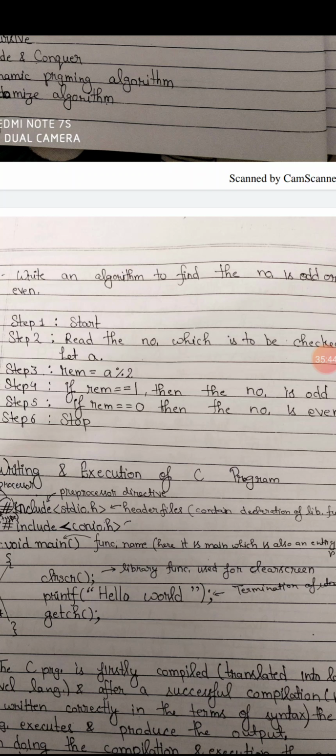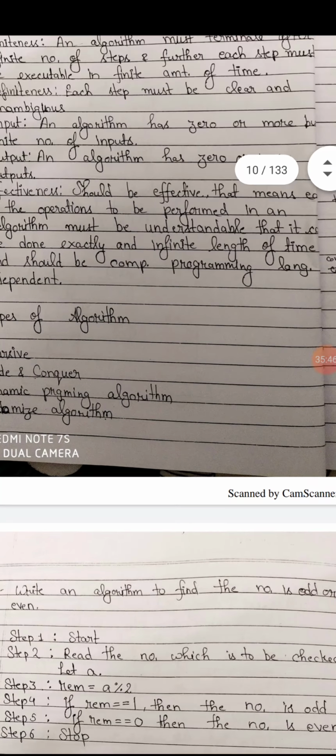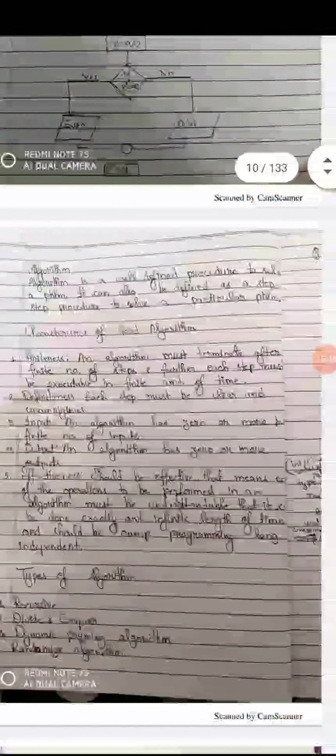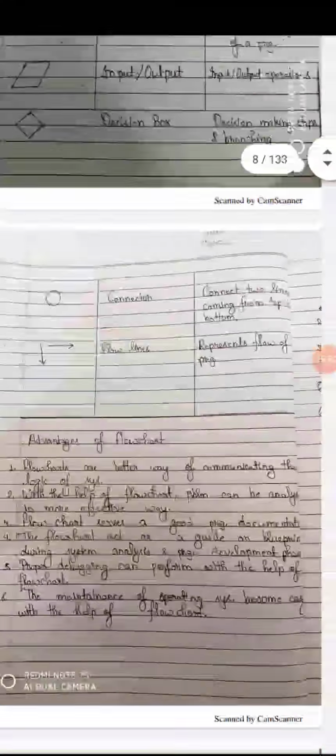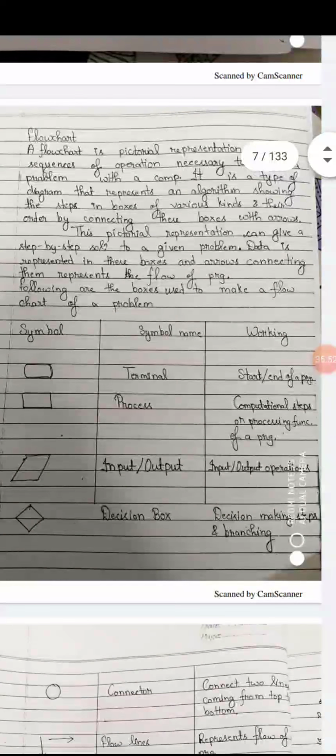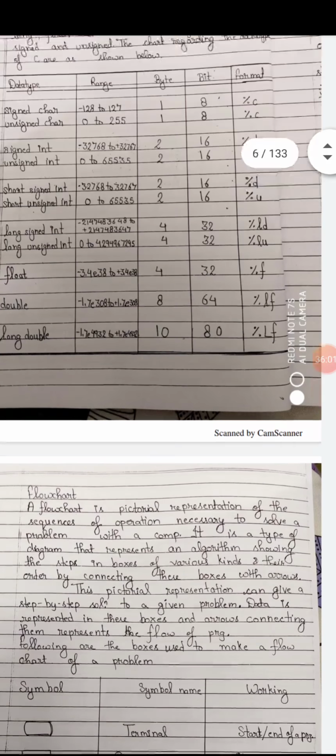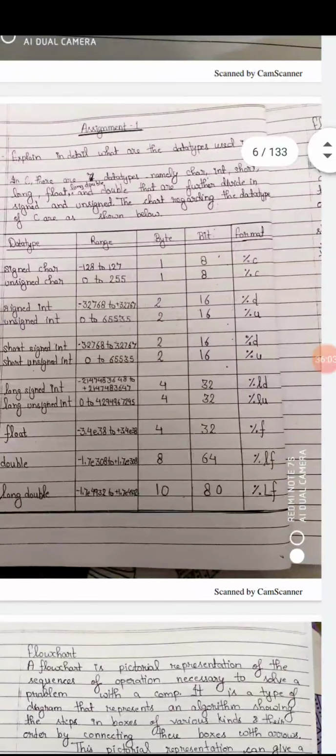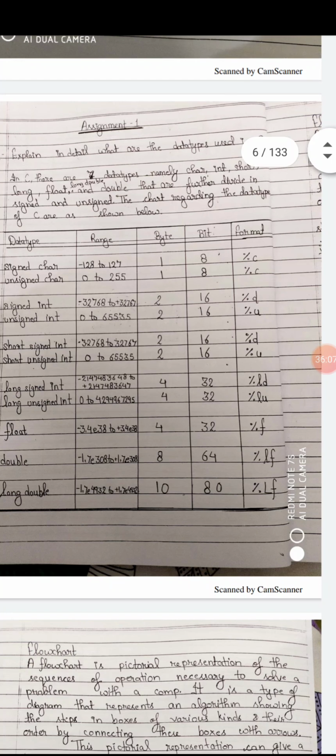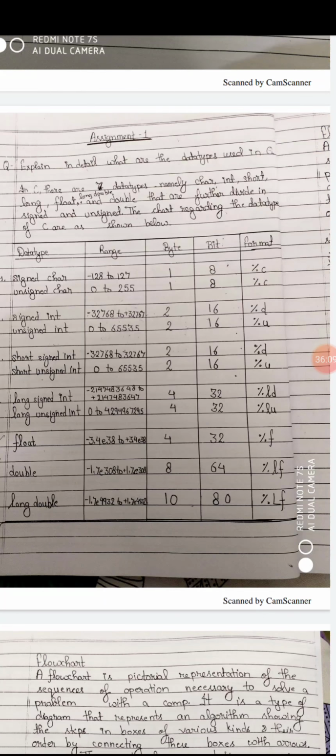I have also told you that we will discuss one data type table. See here, this is the data type table. In the next lecture we will understand what data types we will use.